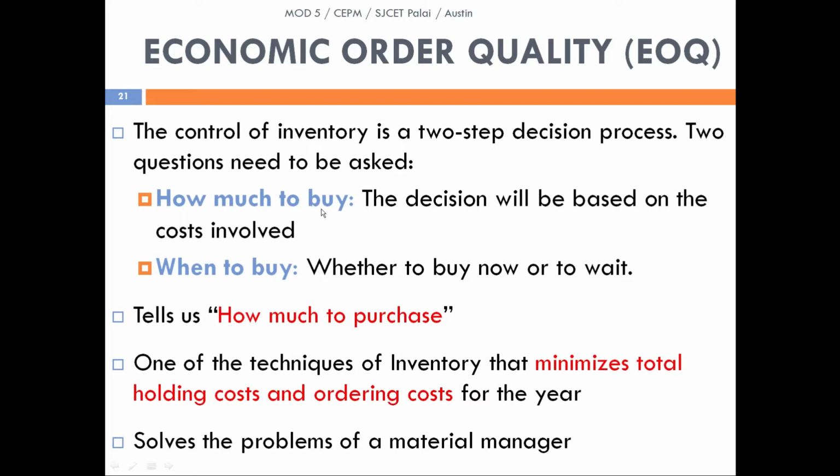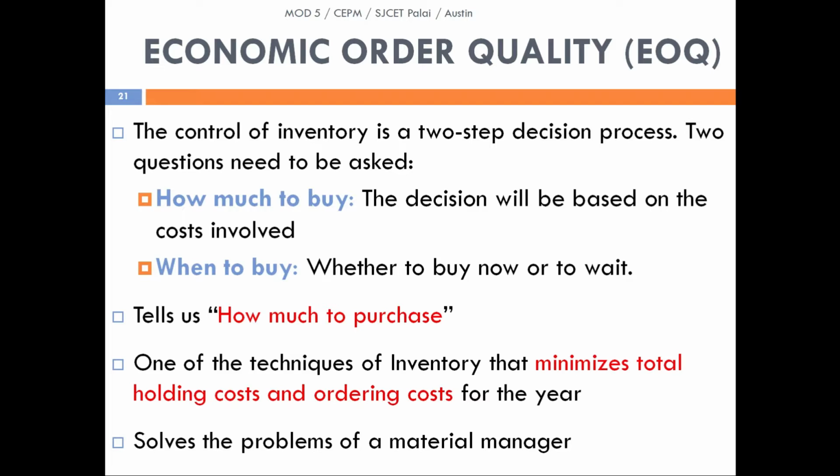So how much to buy is a decision based upon the cost involved. The second one is based upon when to buy, now or to wait. In that we have to weigh the risk of stock out versus the cost of holding extra inventory. So when to buy means first we have to analyze when our stock will become out of stock.